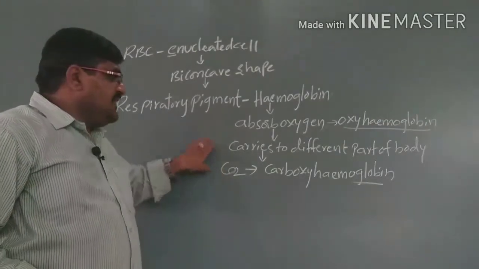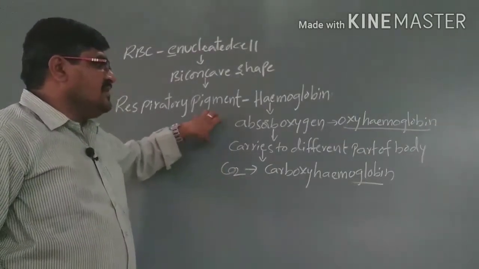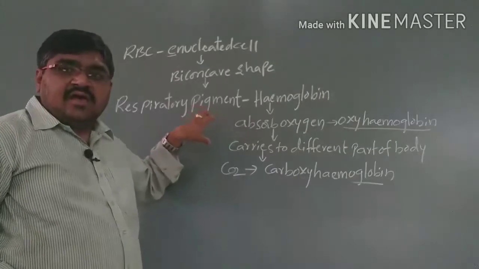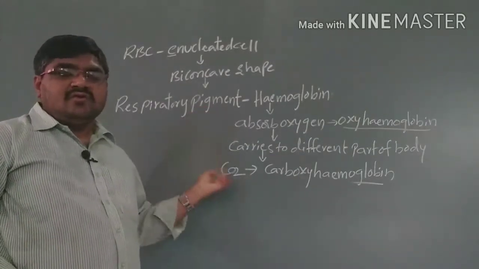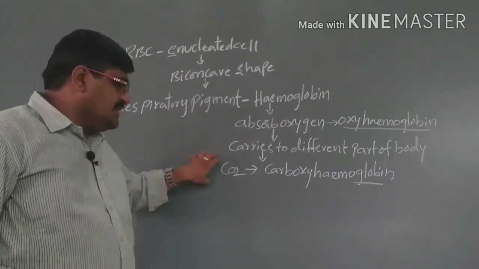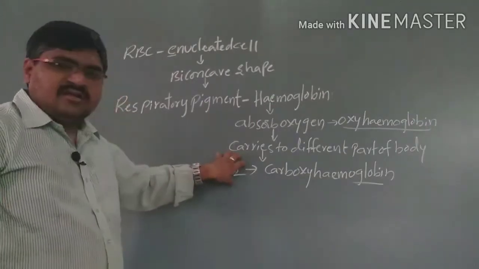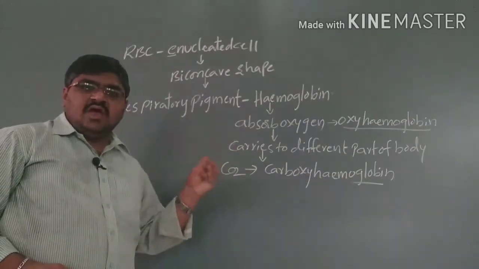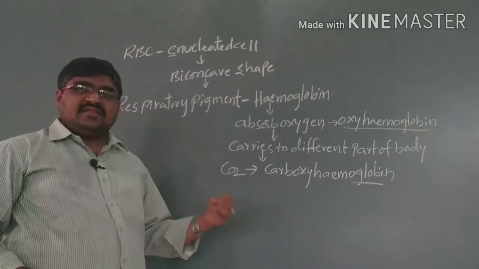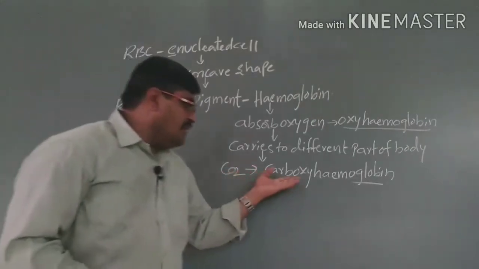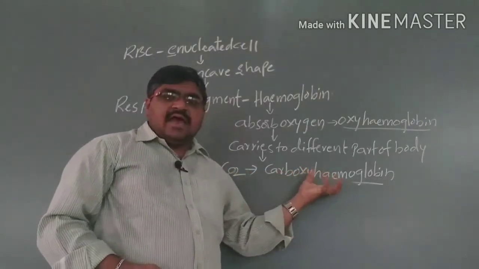So it carries oxygen to different parts of the body, and along with this, it carries carbon dioxide also. The carbon dioxide present in the tissues is carried in the form of carboxyhemoglobin and exits through the lungs.